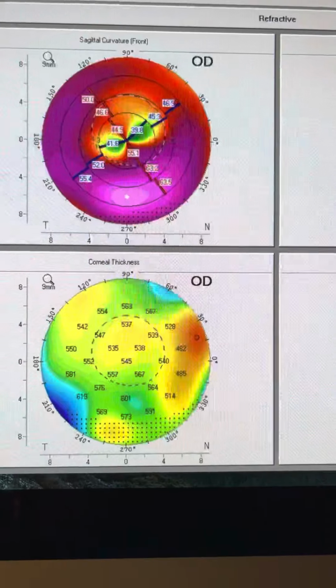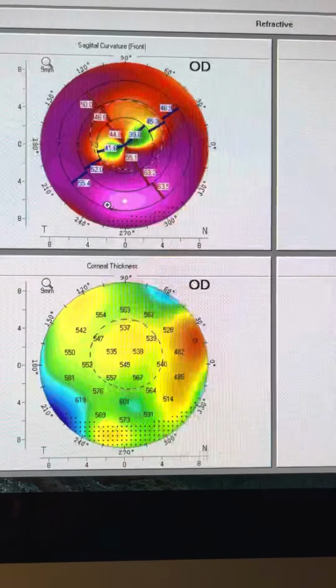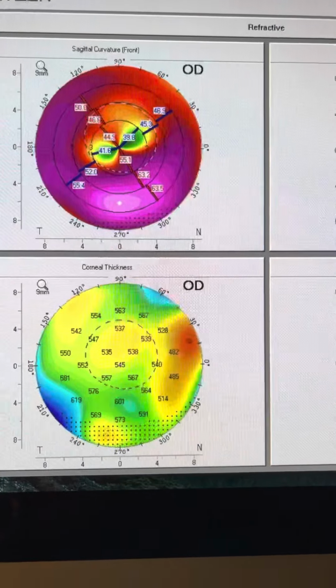And this, in essence, is our treatment to reduce this graft-host interface dehiscence that is mainly in this area here.